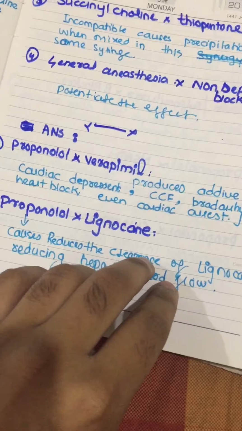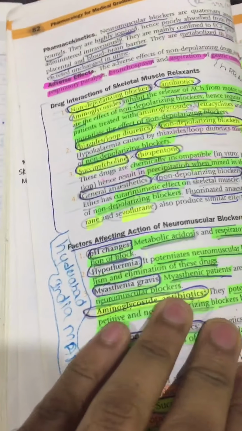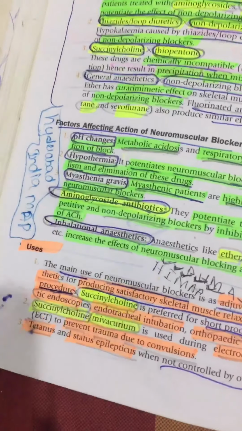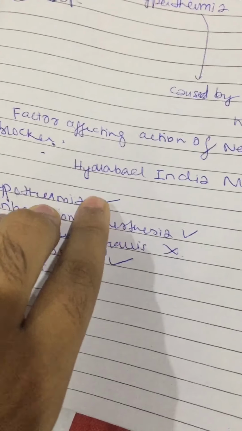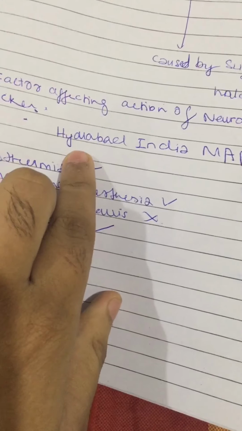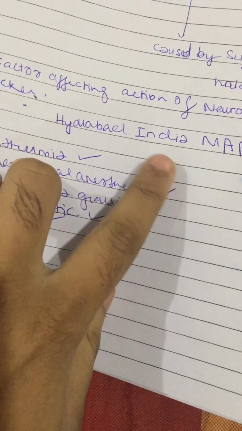Okay, that's it. Now there's a thing called factors affecting the action of the neuromuscular blocker. For remembering that, you need to remember the mnemonic Hyderabad India map.